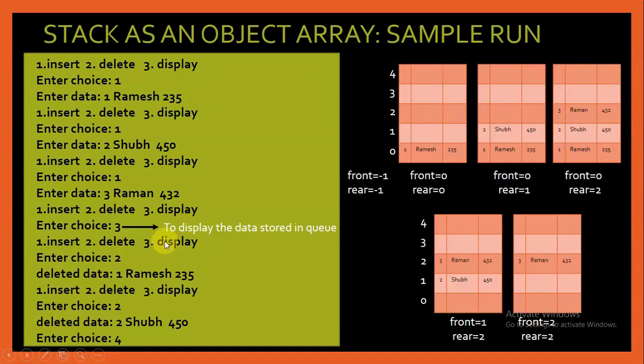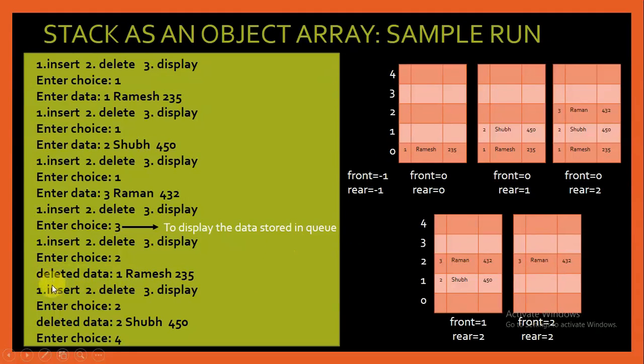Again the menu will be displayed, and if I input the choice 2 this time, 2 is the delete operation. This is the very first element of the queue, so it will be deleted, and for this front will be incremented by 1. So now this is the structure of my queue.